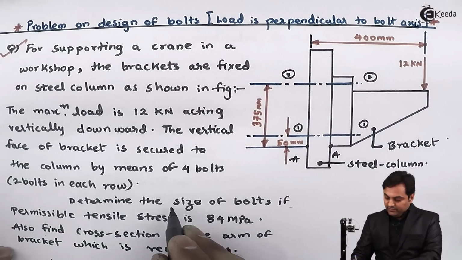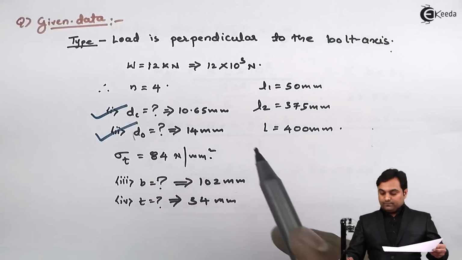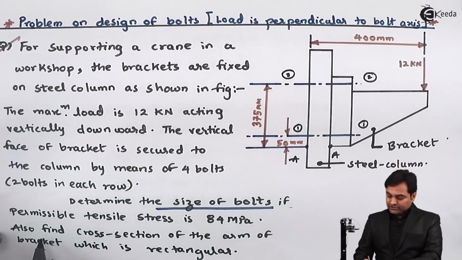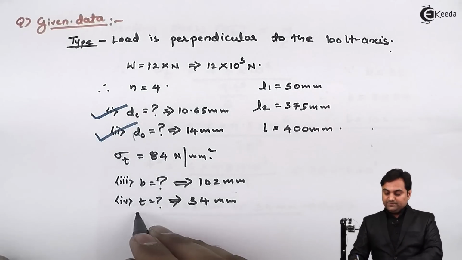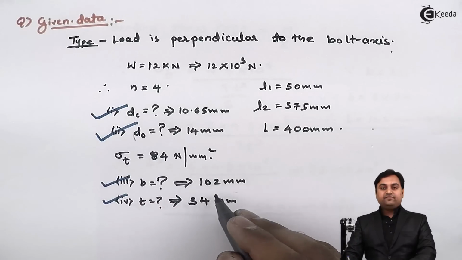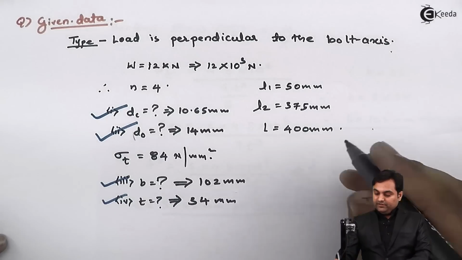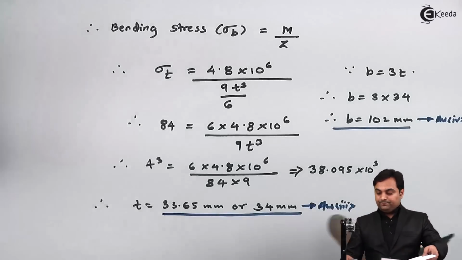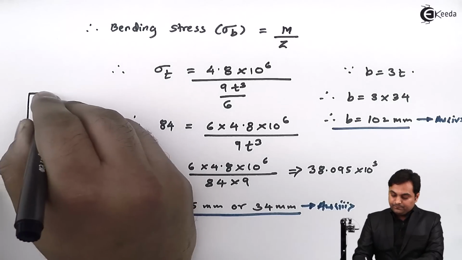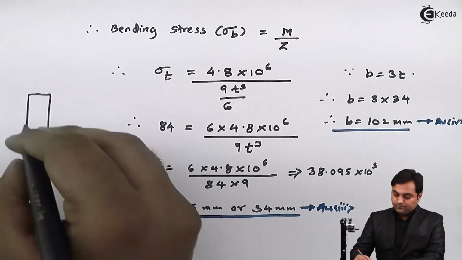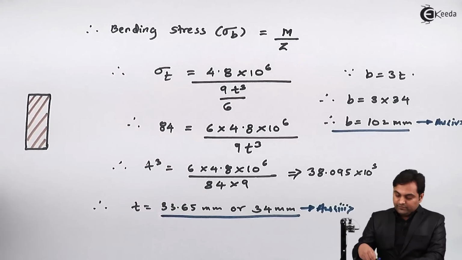Next, we have designed the cross section. They were telling us to determine the size of bolts, and next, find the cross section of the arm. The cross section of the arm means by B and T value. So we have found out the values of B and T. It means here we would be having the cross section as, this is the cross section which is rectangular for the given bracket.